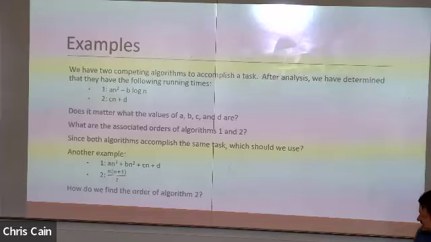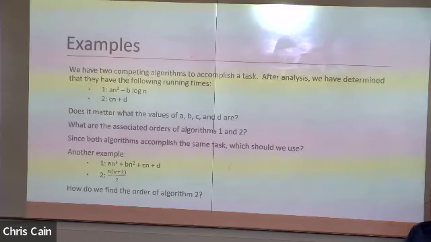Basic algebra. We're going to distribute the n. We would get n squared plus n over 2, which is the equivalent of n squared over 2 plus n over 2. What order is that in? It's in the quadratic order.